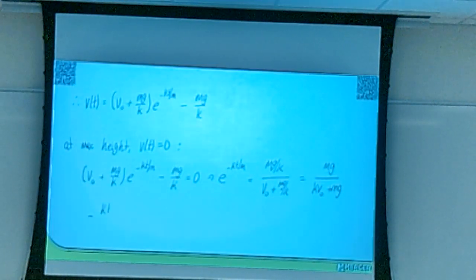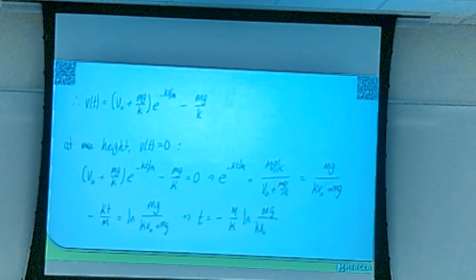Natural log of both sides. We get t is negative m over k times the log of mg divided by kv naught plus mg.